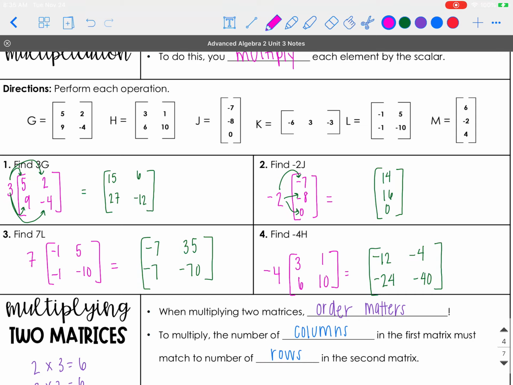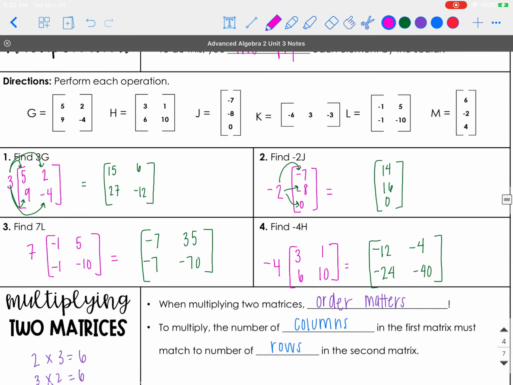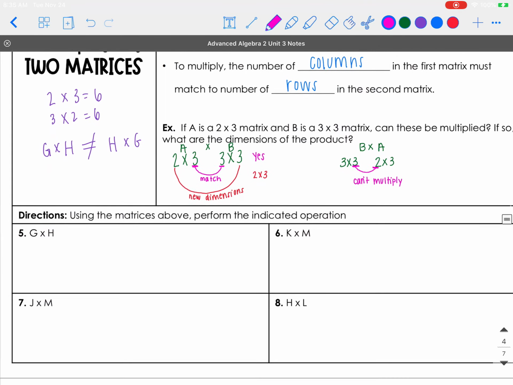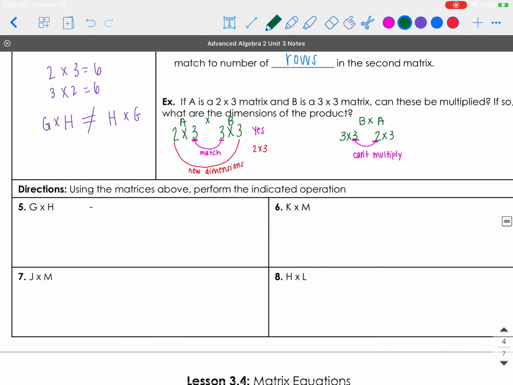And H: 3, 1, 6. Oops, I messed up. 3, you have to arrow over, 1, arrow over, 6, over, and 10. Hit enter, and we get 27, 25, 3, -31.